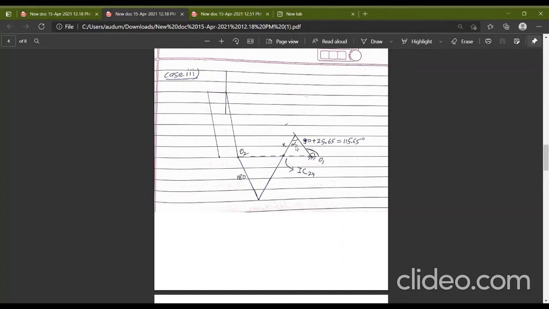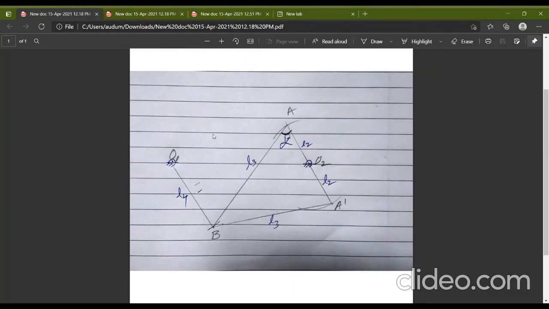Now we have to find the angle alpha. For that, we'll consider two positions of body 2, A and A dash. These A and A dash are the positions where the velocity of body 4 will be maximum.